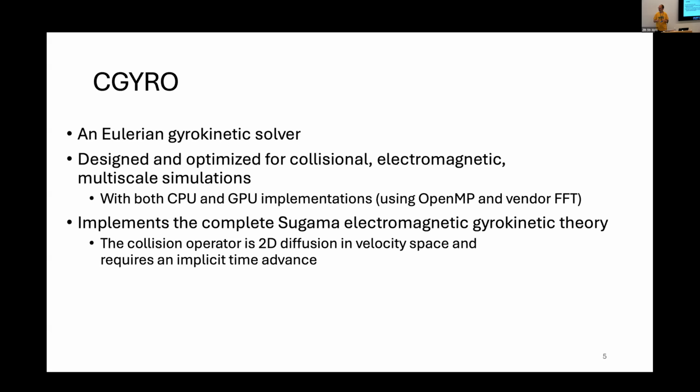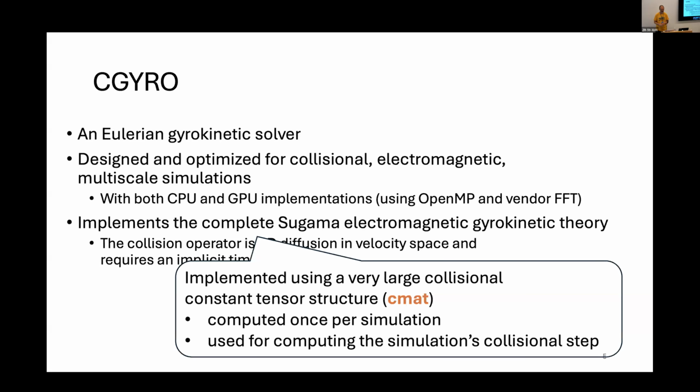The part that is really important for this talk is the fact that to get high fidelity, CGYRO implements the complete Sugama electromagnetic gyrokinetic theory, which has a collision operator in 2D diffusion in velocity space and is implemented using the implicit time advance, which results in a very large constant tensor structure, which we will call CMAT from now on.